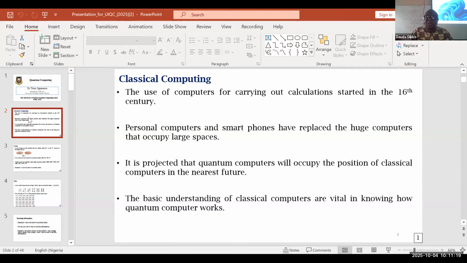So the knowledge of classical computing is very, very important in quantum computing.